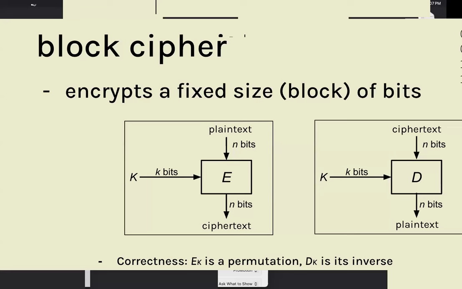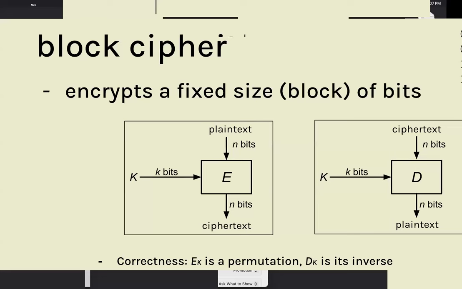And since someone wants to answer this question: why do we typically say that these encryption and decryption blocks are just permutations? They're taking something, for example, let's say n was 2, and with some key we were getting this mapping, so 0,0 would be encrypted to 0,1, 0,1 would be encrypted to 0,0, and so on.